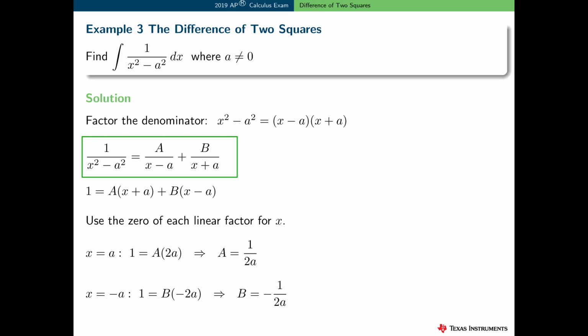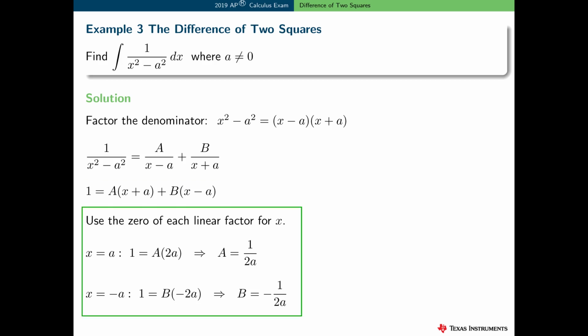So each factor contributes one term to the partial fraction decomposition. So I can write the rational function as a sum of two terms, like this. Use the common denominator on the right side and equate the numerators. Now use the zero of each linear factor for x. And here I have the values for the constants, in terms of that arbitrary constant, small a.